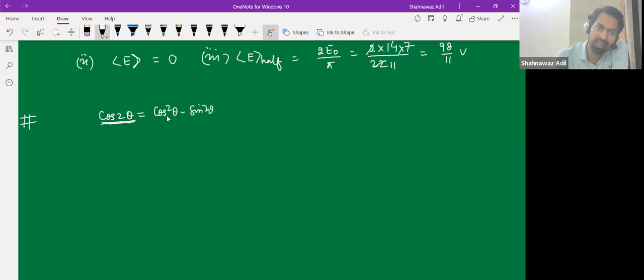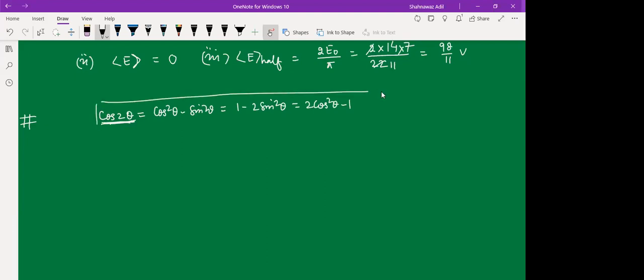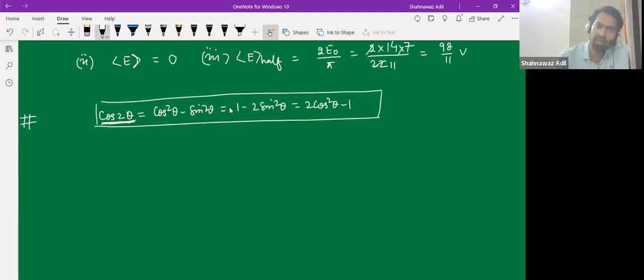And we can write it as 1 minus 2 sine square theta, or we can write it as 2 cos square theta minus 1, right? Good. Which means that we can write cos 2 theta as 1 minus 2 sine square theta.